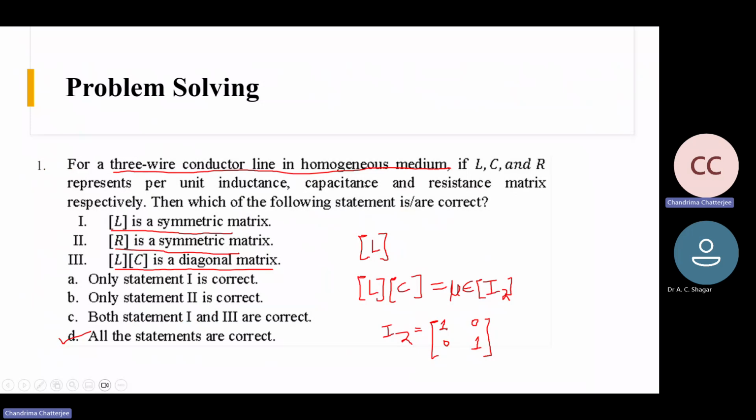So we were just discussing the first problem, where the properties of the L, R and C matrices were being discussed, when it is a three-wire line and the medium is homogeneous.